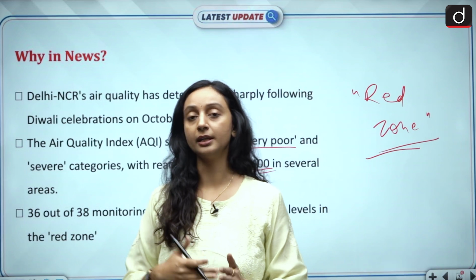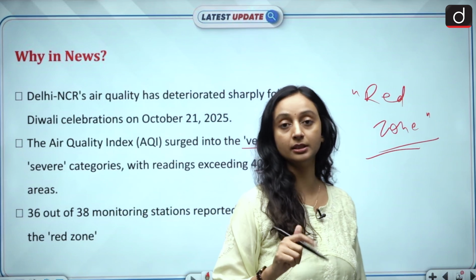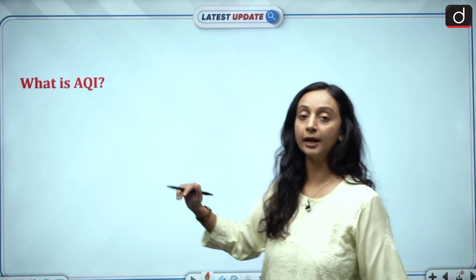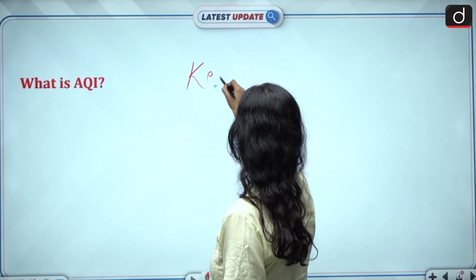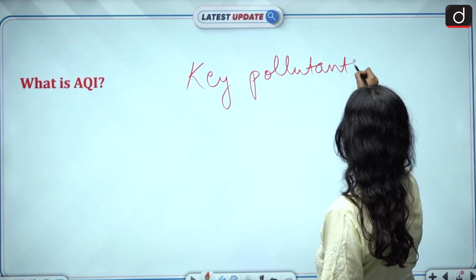Before we understand what could be the possible reasons behind this rise, let's first see what this AQI means. AQI, or air quality index, is basically a number, an index which tells us how polluted the air that we breathe is. It measures some key pollutants.